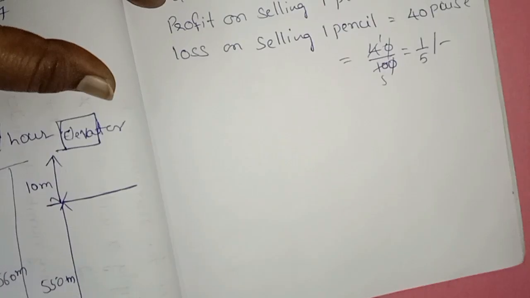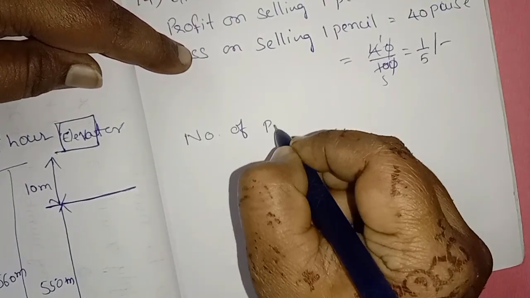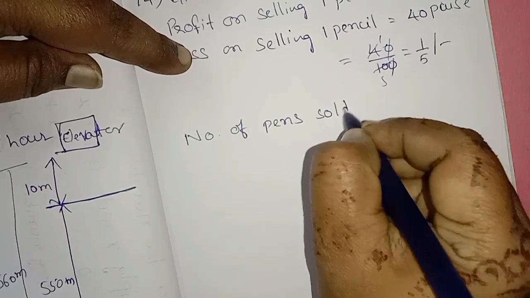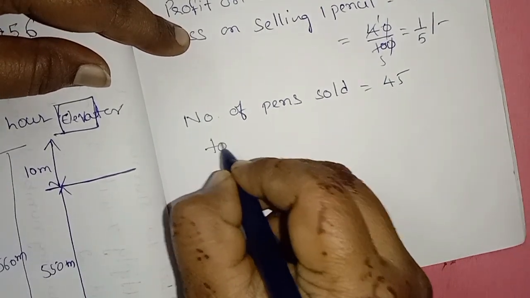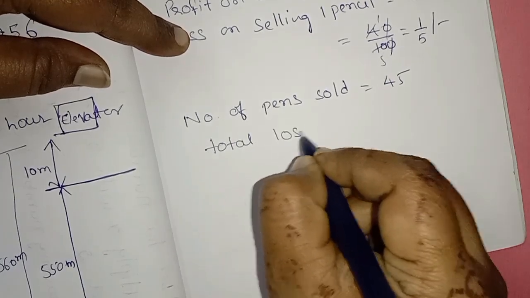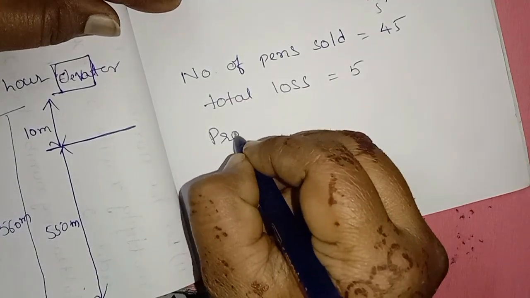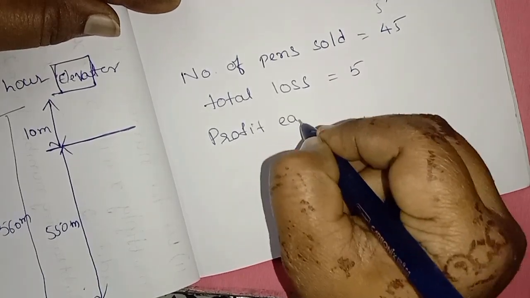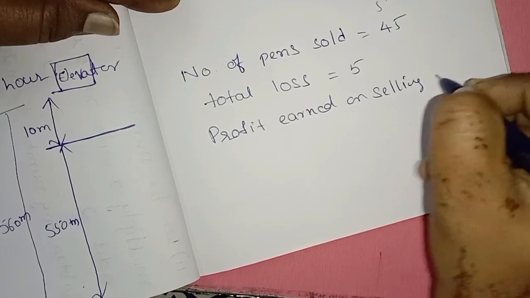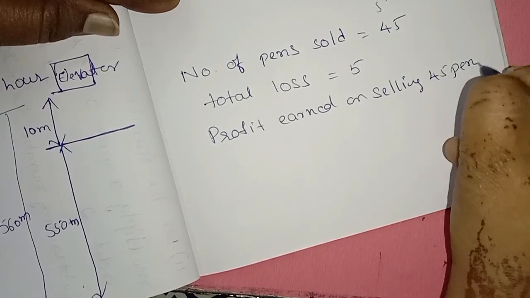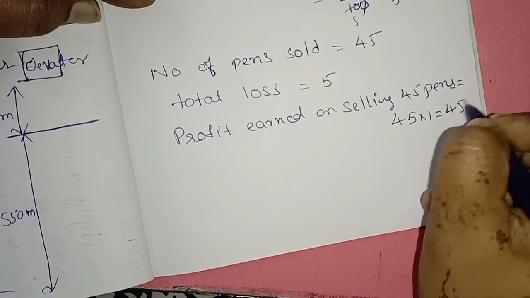Next, number of pens sold equals 45. Total loss, 5 rupees. Profit earned on selling 45 pens, how much should he get? 45 into 1, right? So 45 rupees.